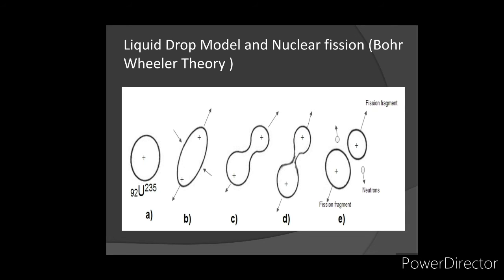When the nucleus comes to stage D, we can observe in the figure two positively charged parts separated, which experience a large electrostatic force of repulsion, and they break down into two fragment nuclei with the removal of neutrons. So on the basis of this liquid drop model, Niels Bohr and J. Wheeler explain the nuclear fission reaction.